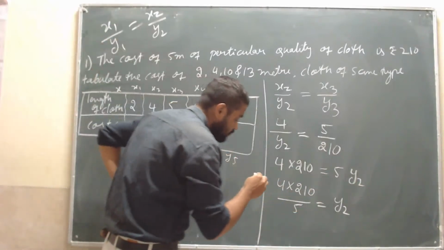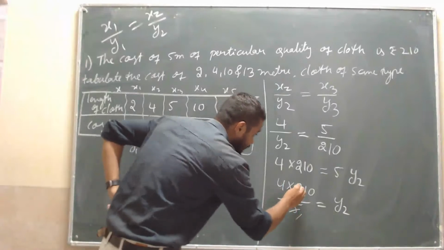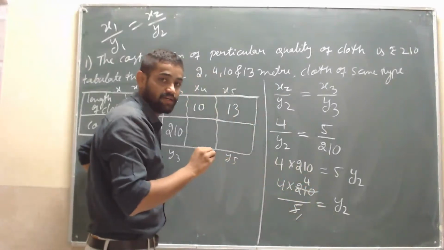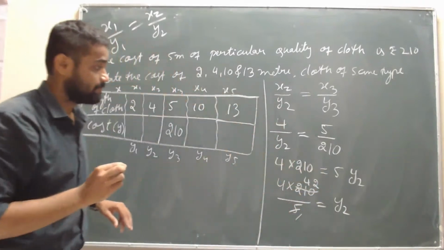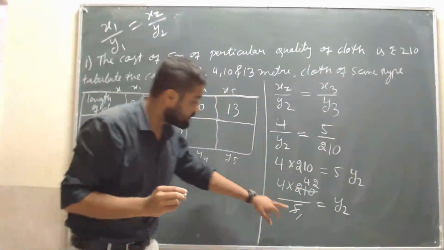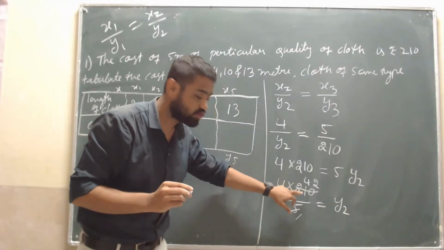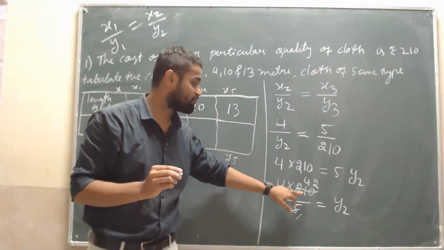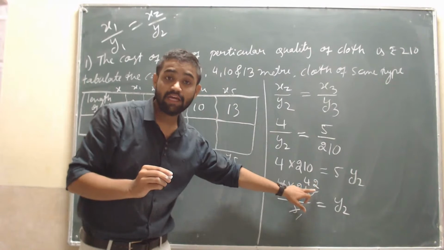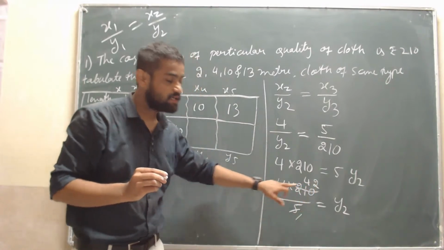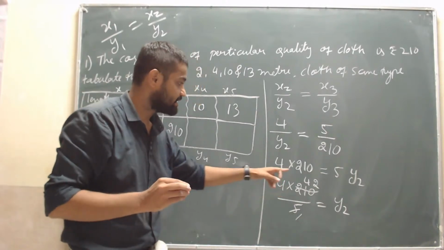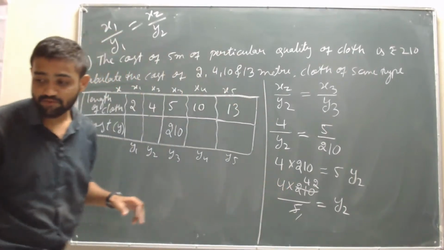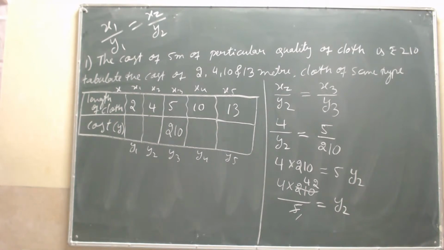Then cancel it: 5 ones are 5, 5 fours are 20, and 5 twos are 10. Then multiply 42 into 4. What will you get? 4 twos are 8 and 4 fours are 16. What will you get, students? Yes, tell me.